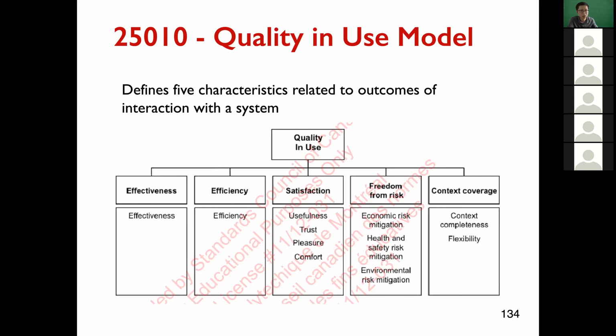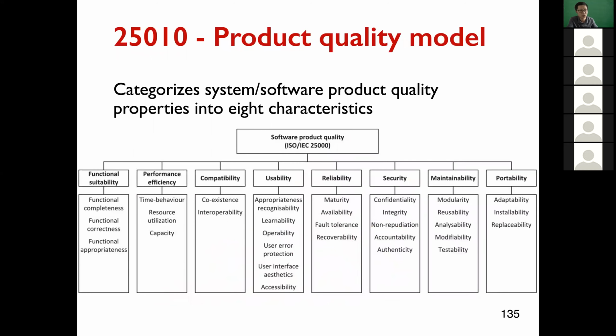For each quality factor, there are sub-factors as well. These standards also define the product quality model. It defines 8 quality factors for a product: functional suitability, performance efficiency, compatibility, usability, reliability, security, maintainability, and portability.